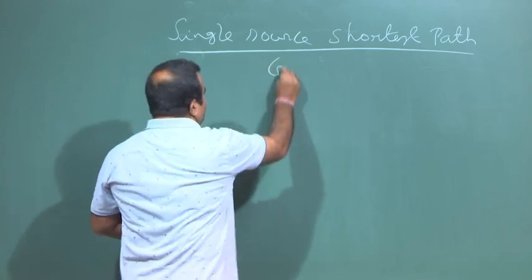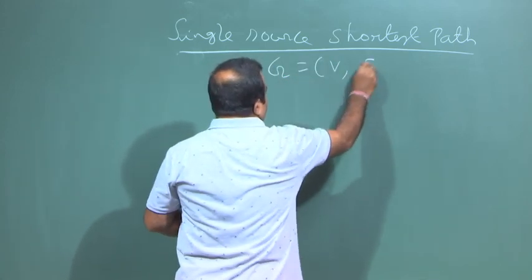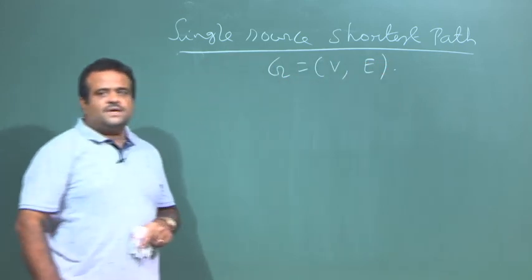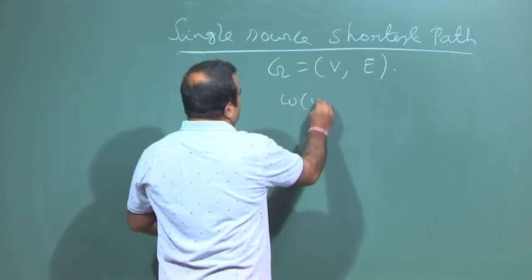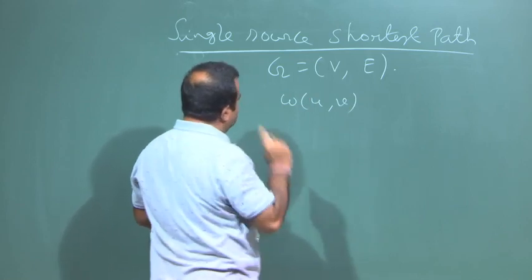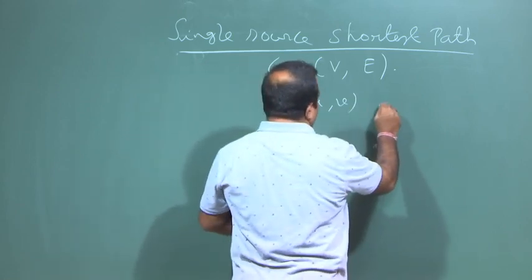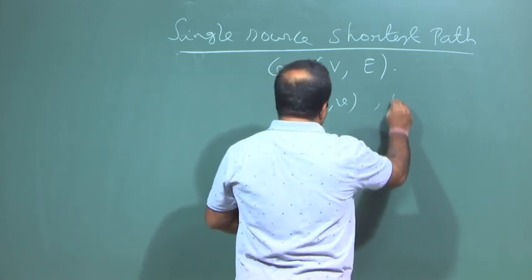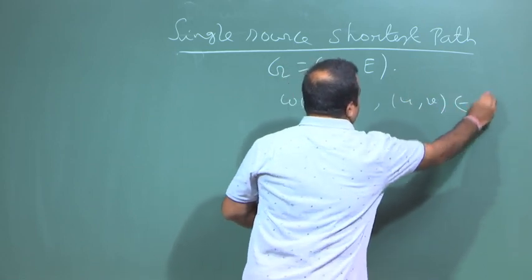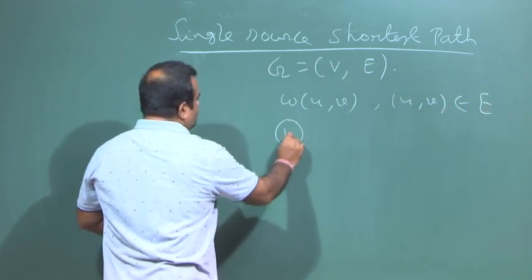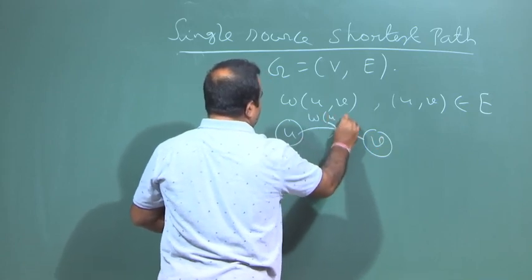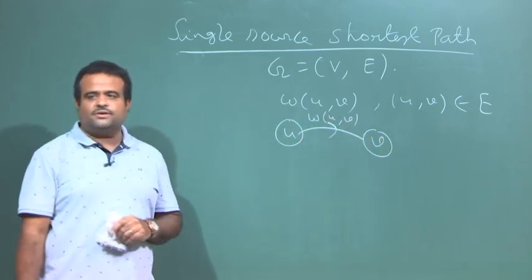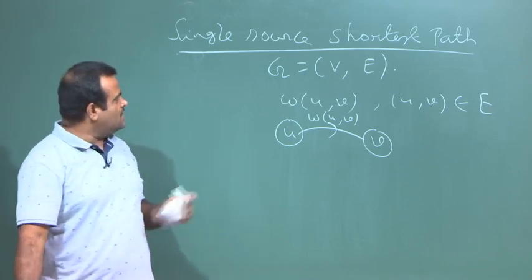We are given a directed graph and we have some edge weights on the graph. That is W(u,v), the weight function, where (u,v) is an edge, and u and v are two vertices in the graph. Each edge is associated with a weight W(u,v).